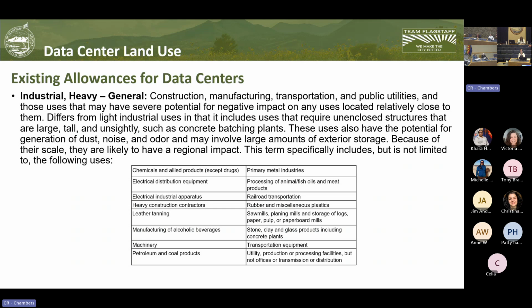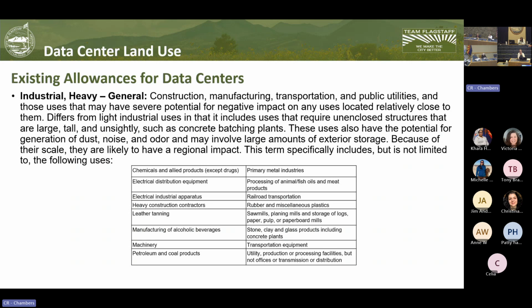When doing that research, we determined that data center would fall under the land use of heavy general industrial, which in our current definition is construction, manufacturing, transportation, and public utilities, and those uses that may have severe potential for negative impact on any uses located relatively close to them.